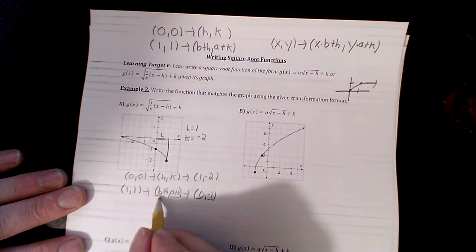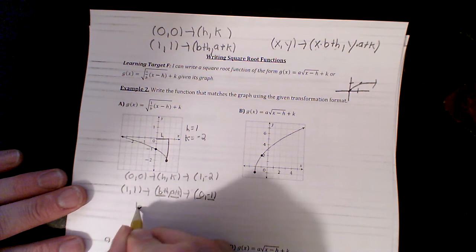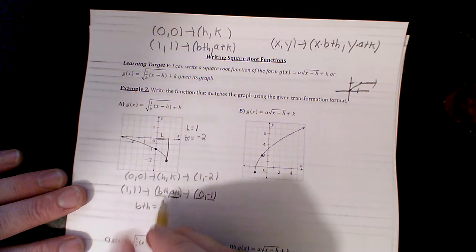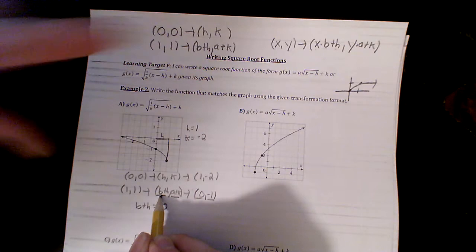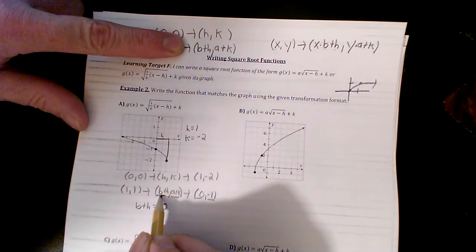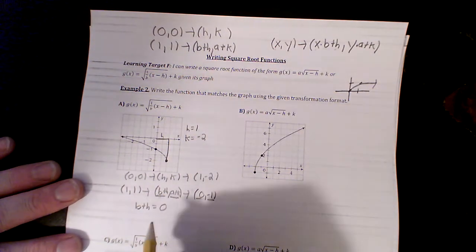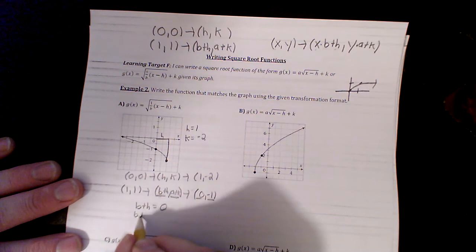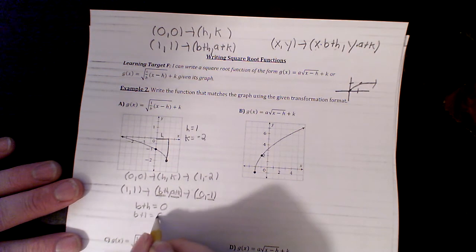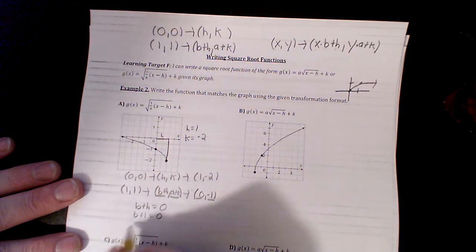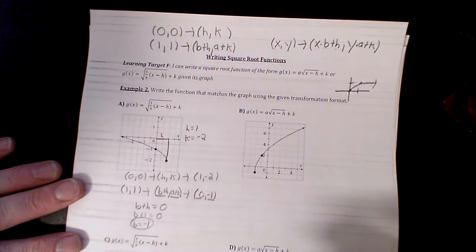So b plus h is now equal to 0, because that is how our x value of 1, 1 changed. 1, 1 turned into b plus h. And since we already know h is 1, b plus 1 equals 0. And then I keep solving, and we get b equals negative 1. Let's go ahead and solve for the a.